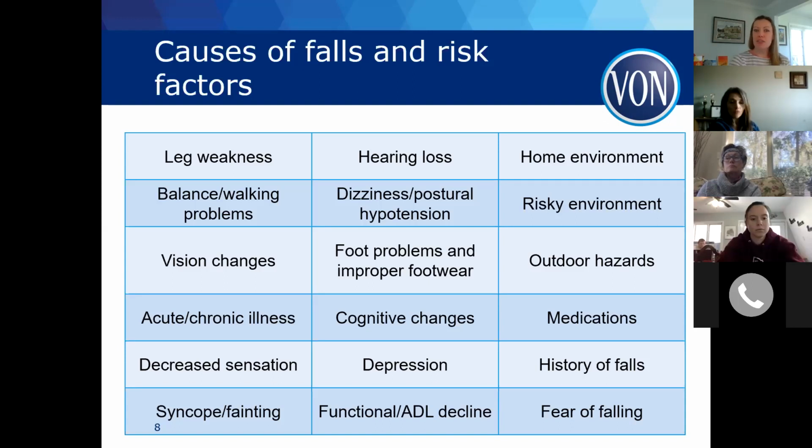But aside from that, hearing loss alone has actually been linked to an increased risk of falls as well. One of the reasons is that they're finding that when people are experiencing hearing loss, they're using more of their brain power to try and hear more, especially if it's hearing loss and not deaf altogether.